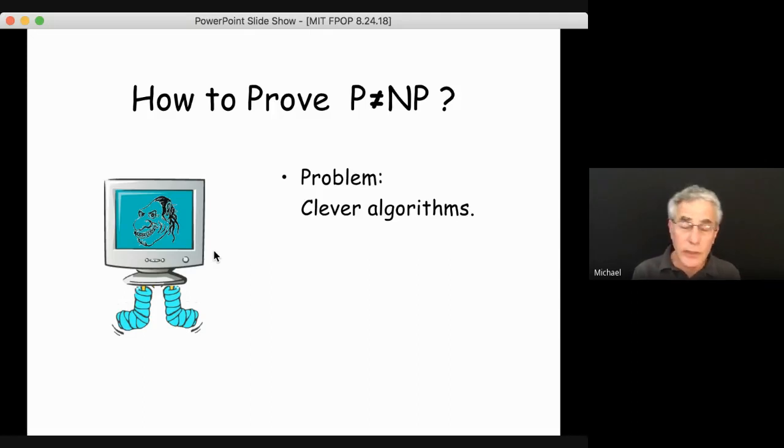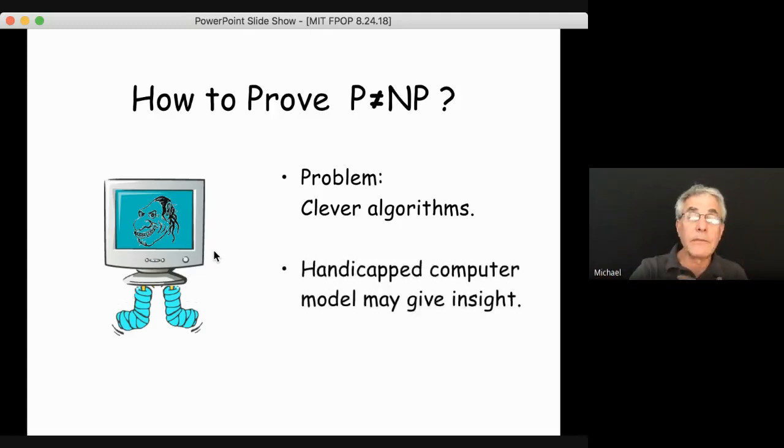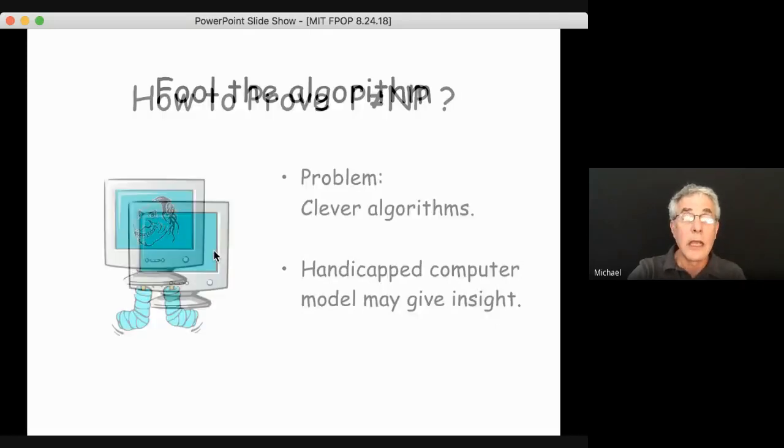And then the idea would be to eliminate these handicaps, take what you've learned by understanding the handicapped computer and try to reduce the handicaps to show your understanding applies for more general computation. So that would be the idea, but it hasn't yet played out to allow us to solve this problem.